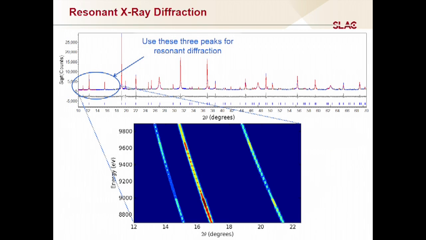In the case of CZTS, which is what I was looking at here, these 3 peaks were sensitive, and if you calculate what this big one does, which is the one you'd want to look at because it's your strongest peak, it turns out it behaves the same way no matter how you organize the copper and zinc. So you really have to just simulate what the response is and figure out what peak is going to give you the most sensitivity to what you want to know. Okay, thanks.